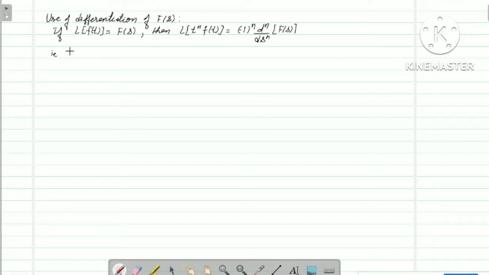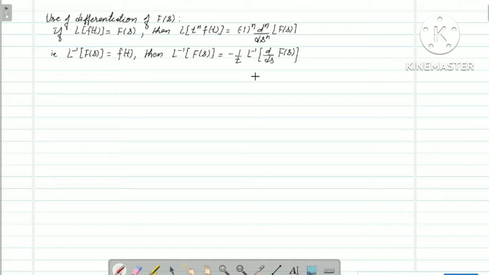Okay, that is, if L inverse of F of s equals f of t, then we write L inverse of F of s equals minus 1 by t, L inverse of d by ds F of s.